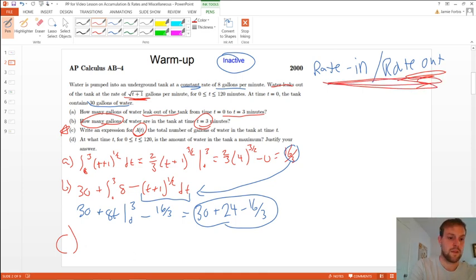So the amount of water A of t at any given time t is equal to the initial amount, which is 30, plus the accumulation from 0 to whatever time we're looking at. So we're going to say 0 to some arbitrary time t, and then rate in minus rate out. The rate in is 8, minus the rate out, which is the square root of t plus 1.